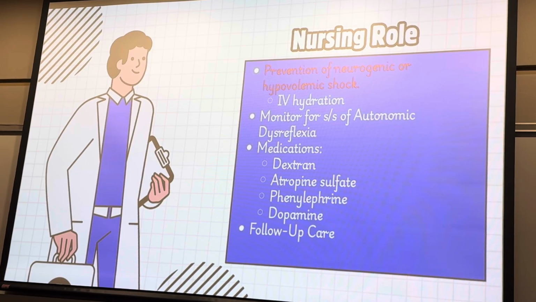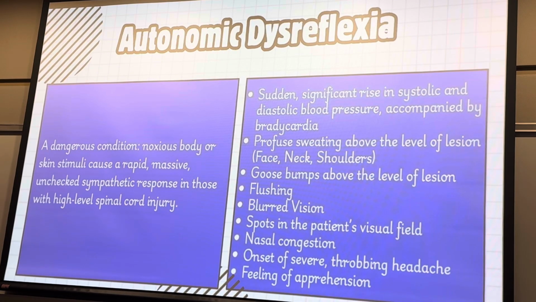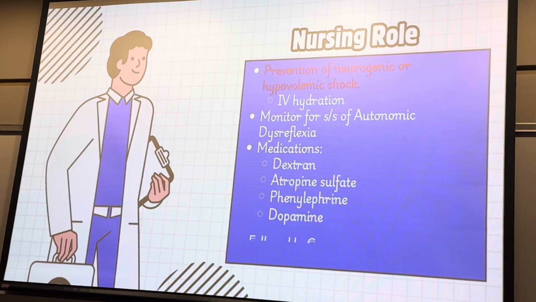But IV hydration is key with any type of shock, remember, with our shock protocol. Monitor for signs and symptoms of autonomic dysreflexia. Make sure that your patient is not going into autonomic dysreflexia. That's an emergent situation, something we need to take care of.